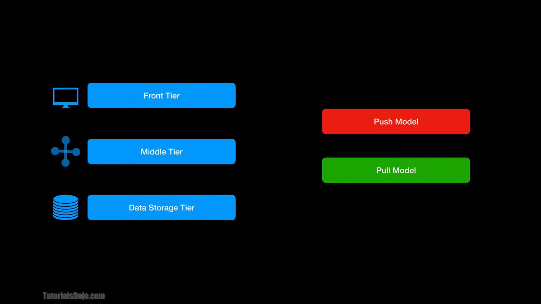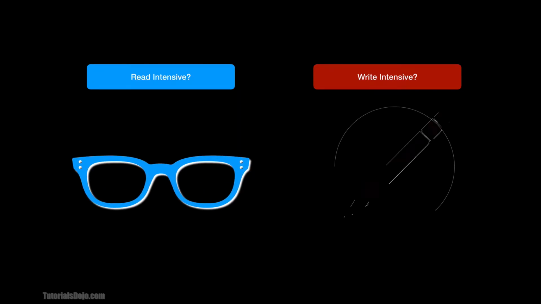Let's start. The very first thing that you have to consider is the type of operation your application processes. Is it read intensive or is it write intensive? For example, news websites are read intensive because the user just reads data and does not write or send any data. Another example would be reporting applications, where it just queries the database and processes the data.